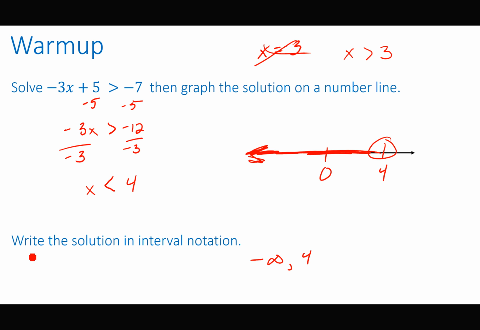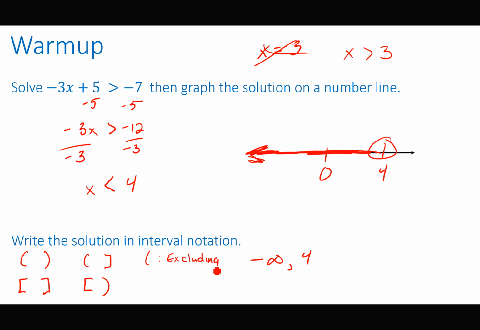Now we have options of a parenthesis, or we can have brackets, or we can have a mixture of one and then the other one. So there's 4 options that we have with interval notation. Any sort of parentheses means exclusive or excluding.